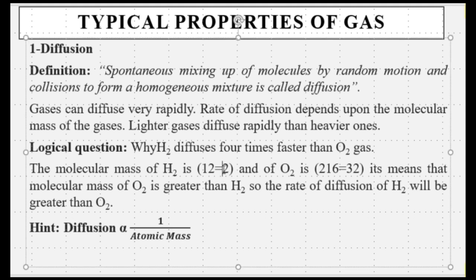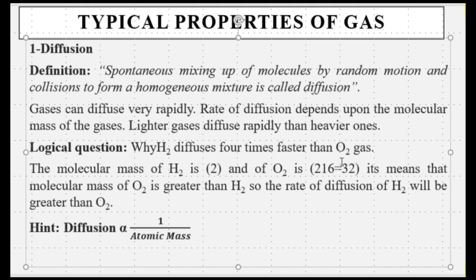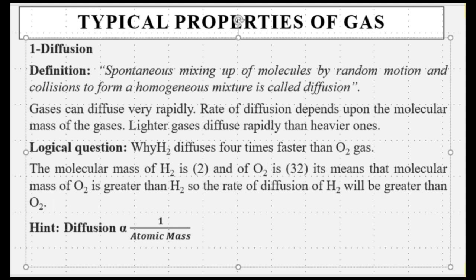Furthermore, one oxygen atom is equal to 16, so the atomic mass of oxygen (O2) is 32. It means the atomic mass of hydrogen is lesser than that of oxygen. So the rate of diffusion of hydrogen gas is much faster as compared to oxygen due to its low atomic mass.